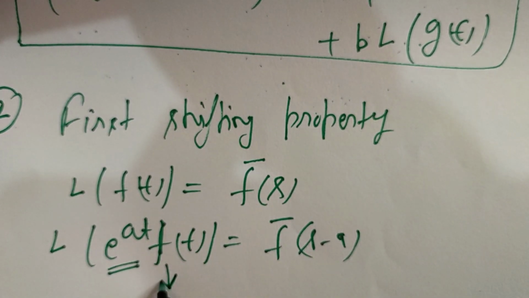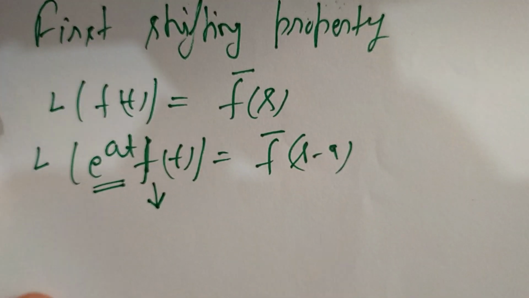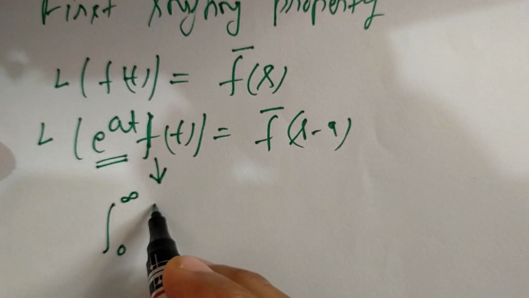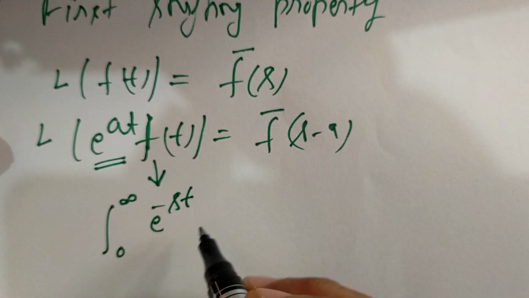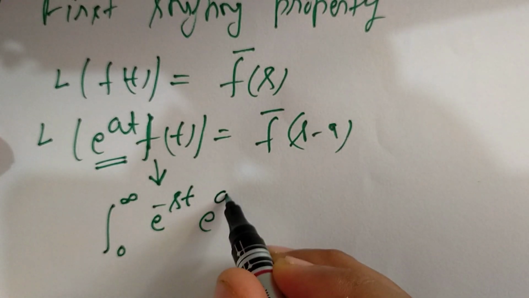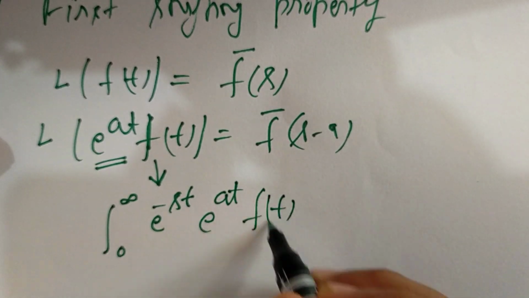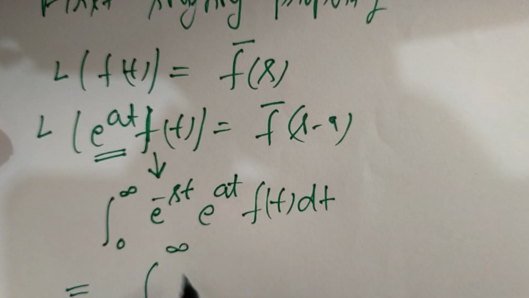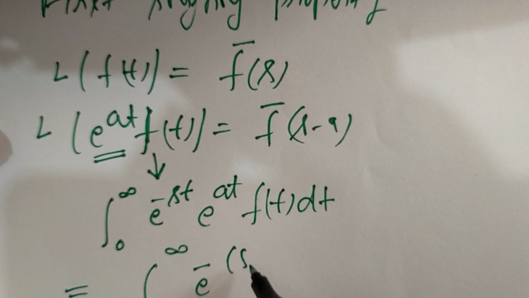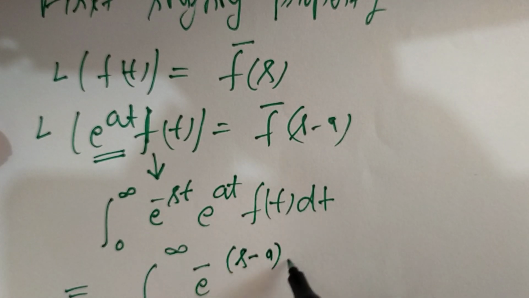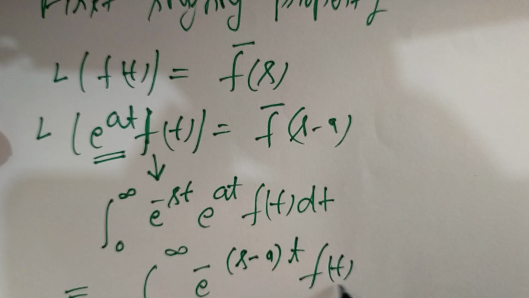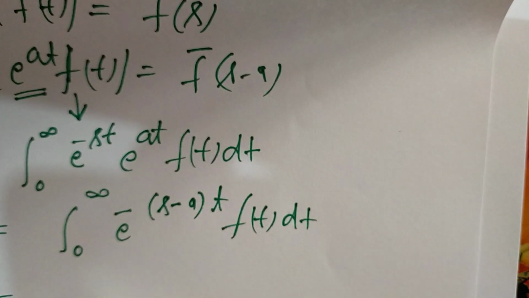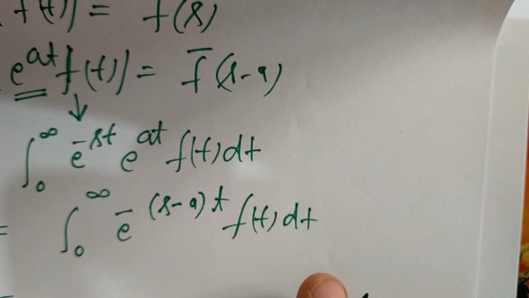How? Let us see. Laplace of e power at f of t equal to, by definition, integral 0 to infinity e power minus st times f of t. So in the place of f of t we have e power at f of t, dt. This you can solve, so we get integral 0 to infinity e power minus (s minus a) t f of t dt. Now e power minus st f t dt means F bar of s.